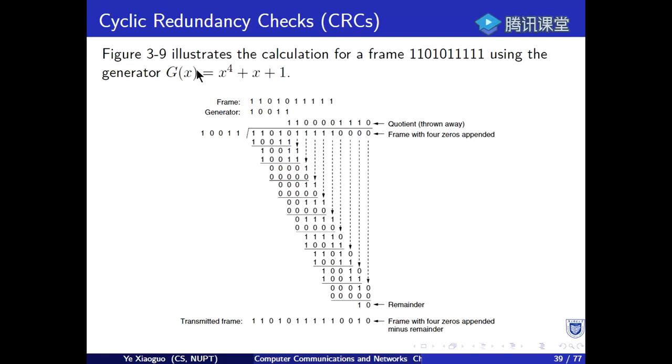This figure illustrates the calculation for a bit stream 11010111 using the generator polynomial G(x) = x^4 + x + 1, and under this generator polynomial, we can calculate the CRC code.